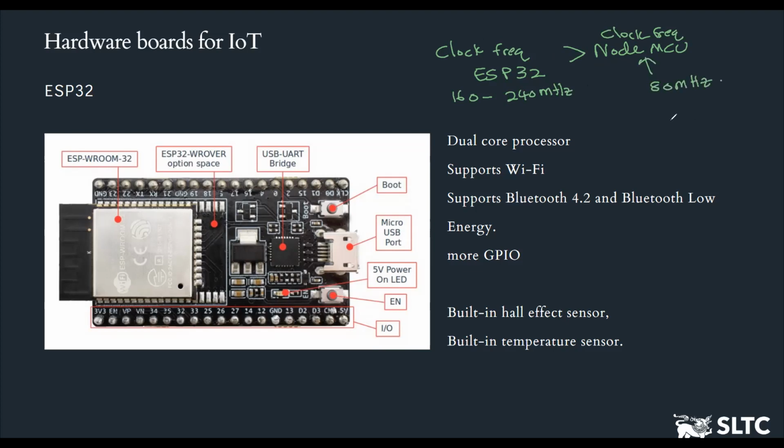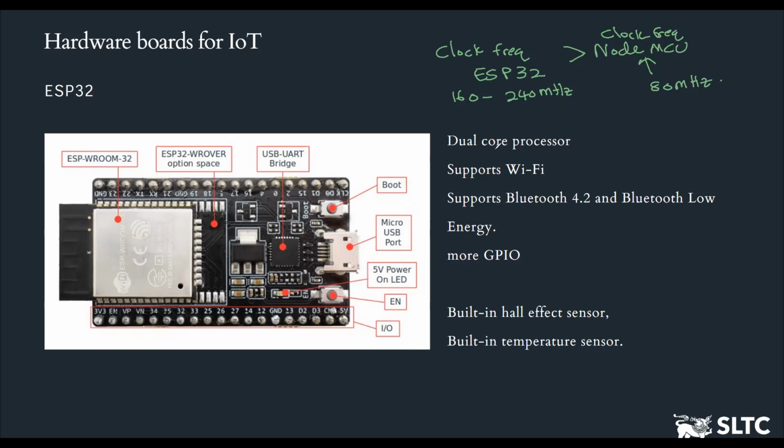So the data processing speed is highly essential when we are doing IoT processes, and we want to send the data very quickly to our destination or to the cloud server. So we want a highly efficient microprocessor, and therefore we can say that ESP32 module based microcontrollers are much more efficient than Node MCU microcontroller boards.